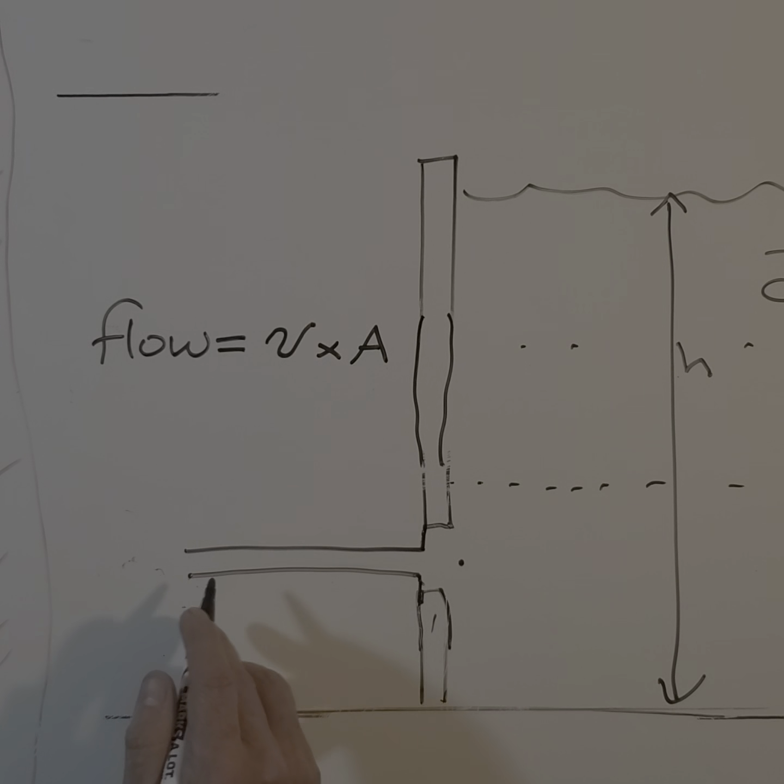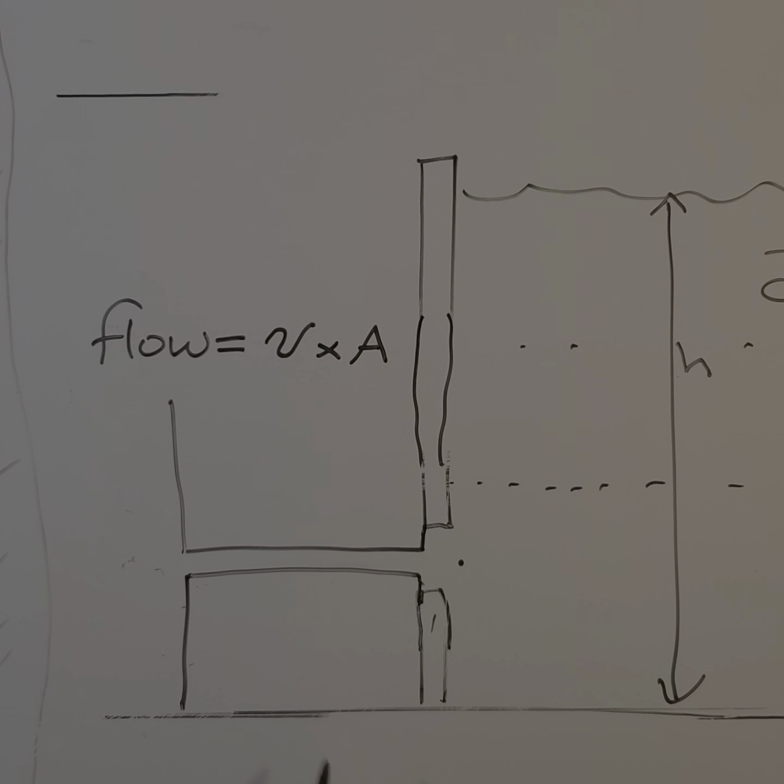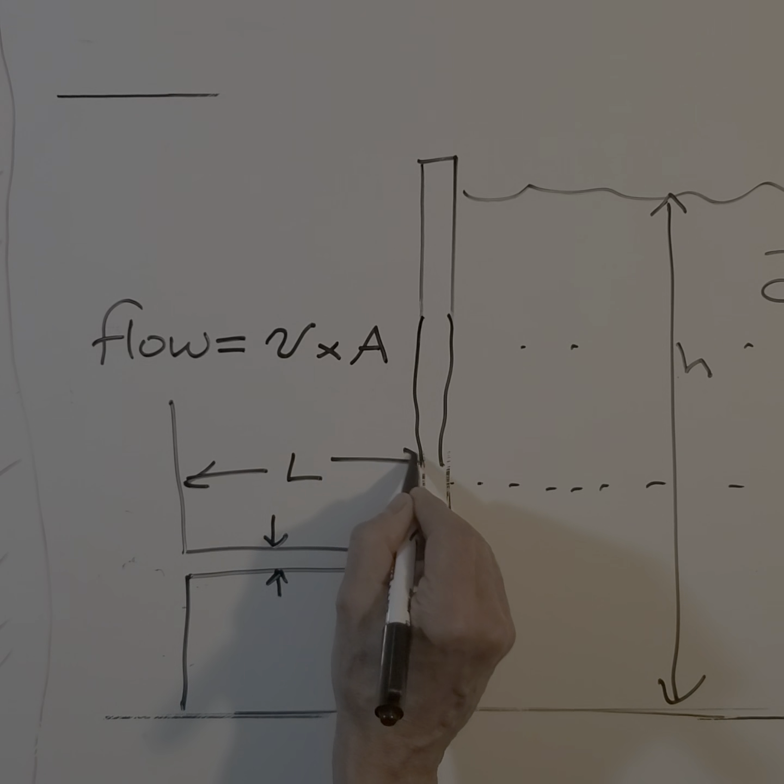And the reason is because we now have, as I described before, an aperture, basically, or a flow path that is very narrow relative to its length.